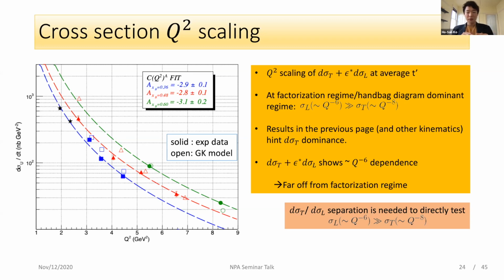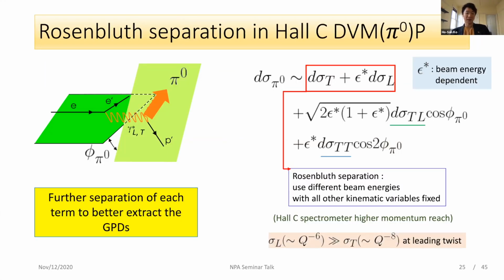So in order to give a more concrete conclusion, we have to separate this sigma T and sigma L term to directly test whether we are in the sigma L dominance region or sigma T dominance region. And that is the upcoming Hall C experiment.